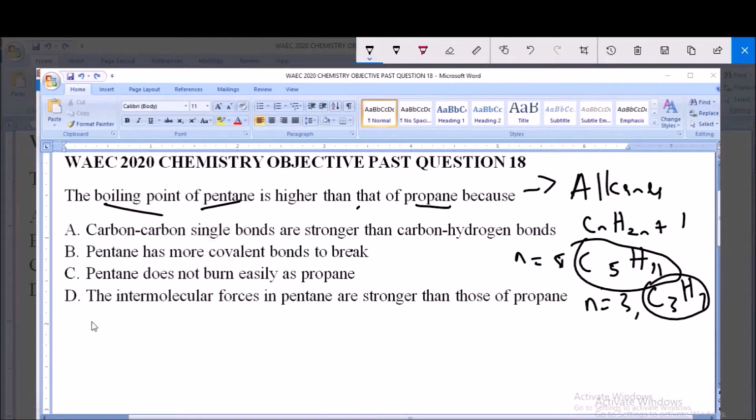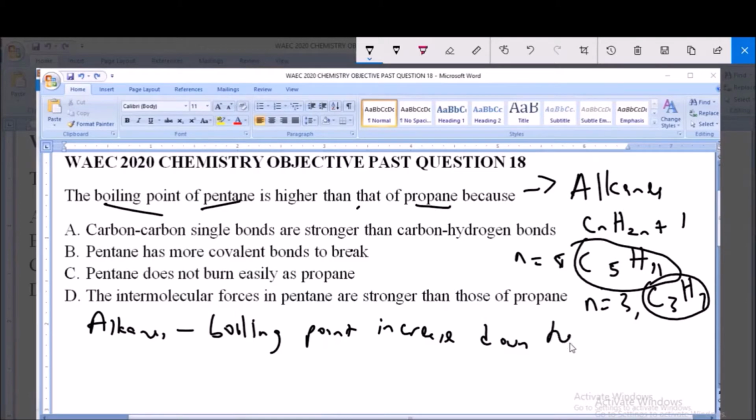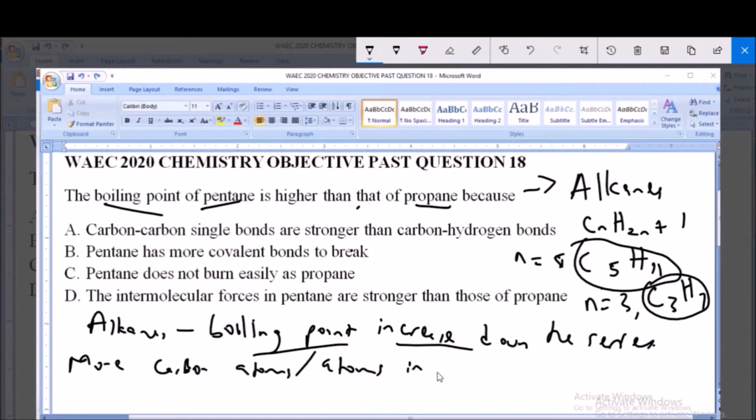Now for alkanes and for most organic compounds as well, the boiling point increases down the series. So as you progress down the series, that is from methane to ethane to propane, the boiling point increases. This is due to the fact that you have more carbon atoms, or more atoms in general.